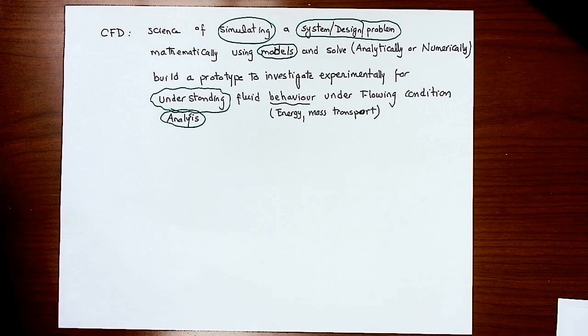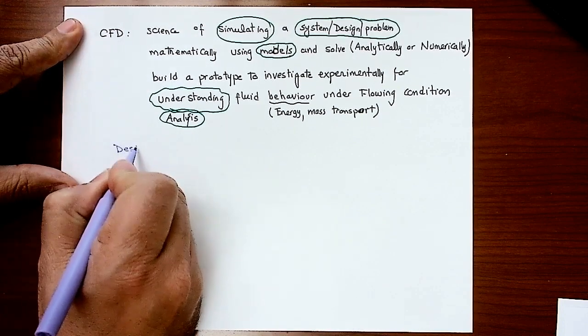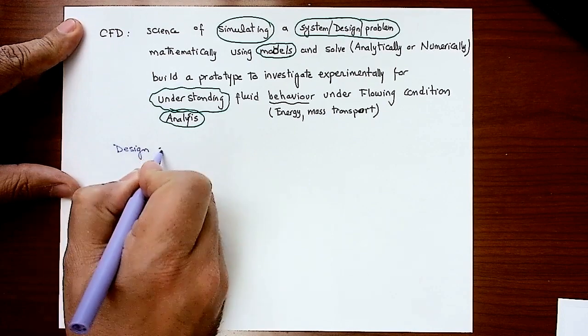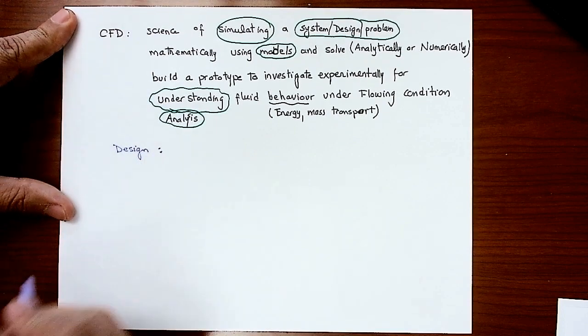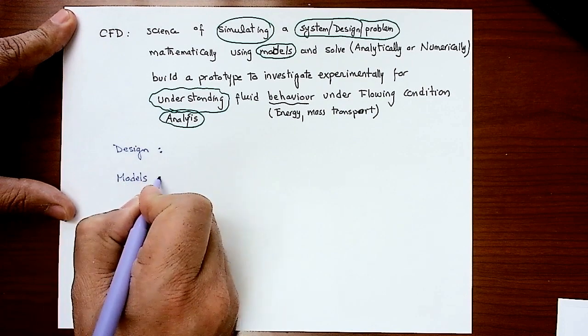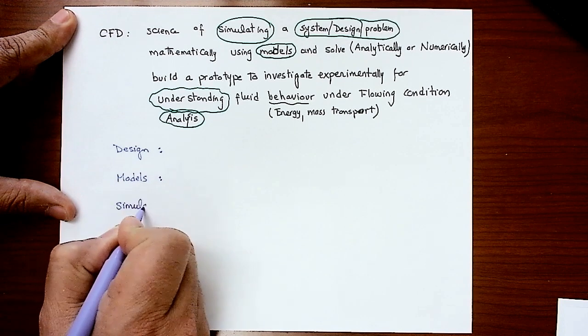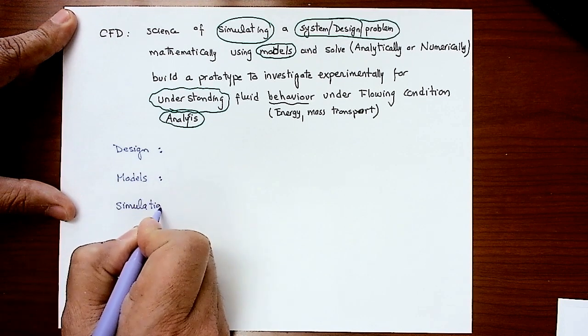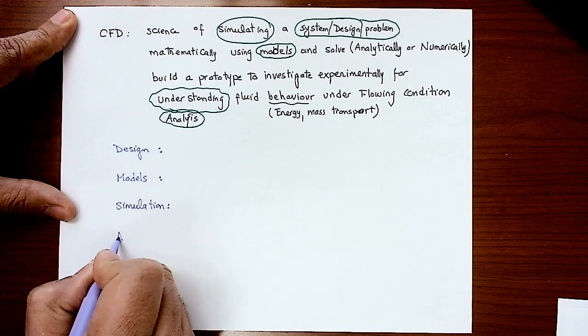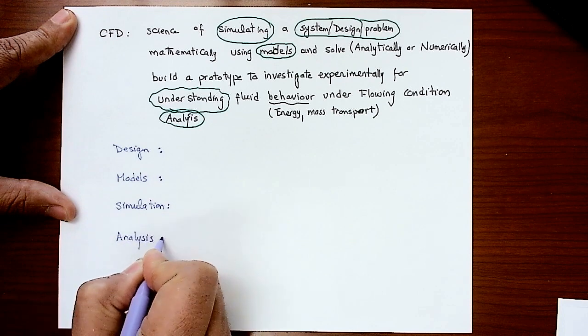The first word I'm interested in is the word design. I will define what is design. Then the word models is also important. Then the word simulation is also important. And analysis is another keyword.